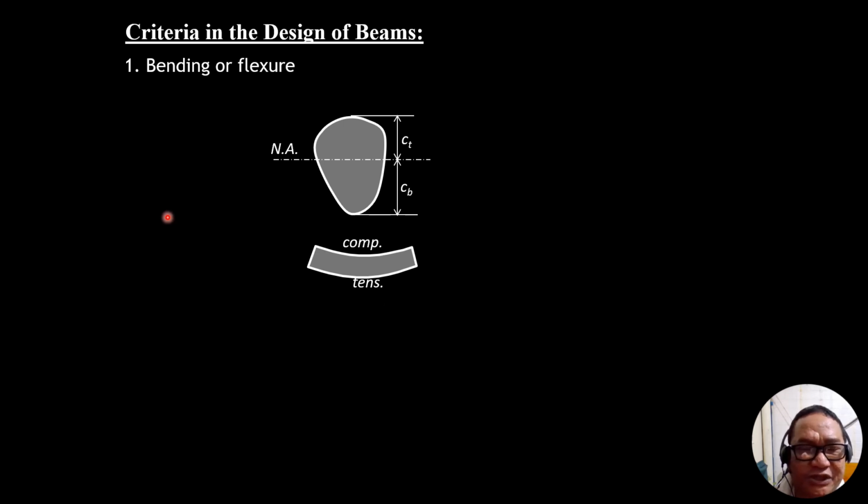So therefore, the bending stress or flexural stress in compression, if this is the positive bending moment, is M C top over I.